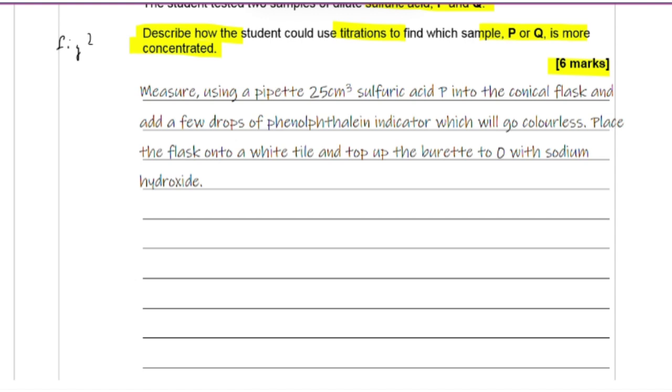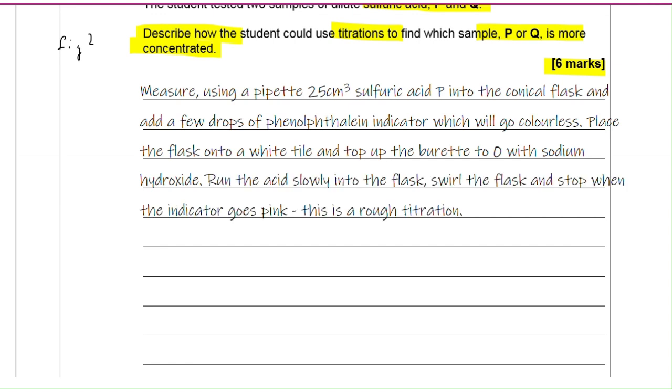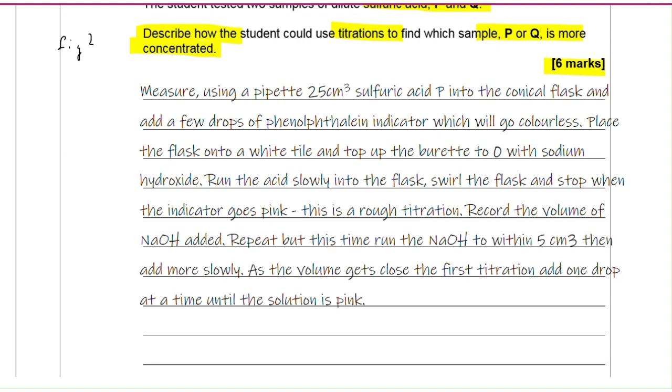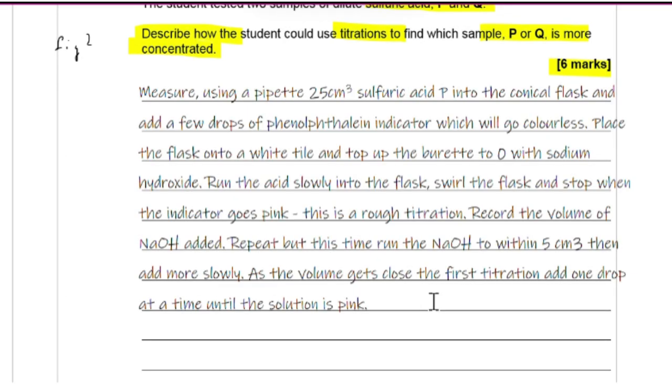It really helps. Now you're going to run the sodium hydroxide slowly into the flask. Swirl the flask now and again and stop when the indicator goes pink. This is what we call a rough titration. We record the volume of sodium hydroxide added, and then we repeat this, but this time run the sodium hydroxide to within about 5 cubic centimetres and then add it more slowly.